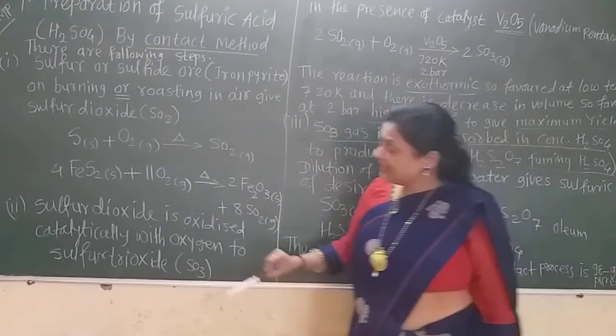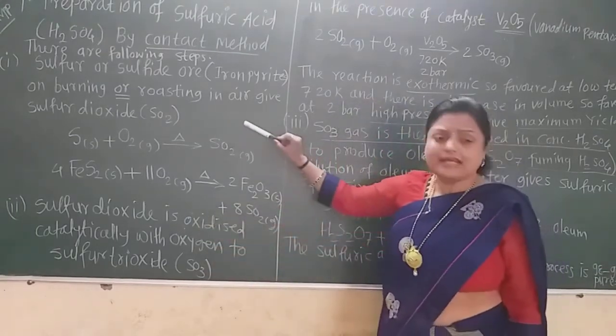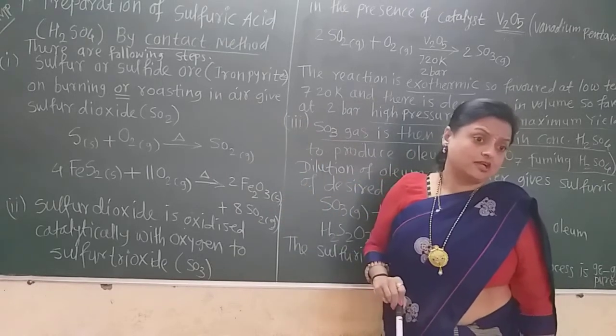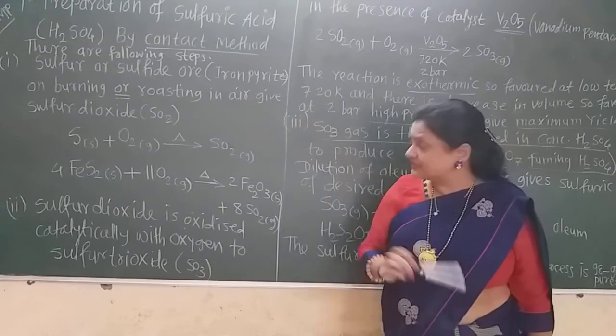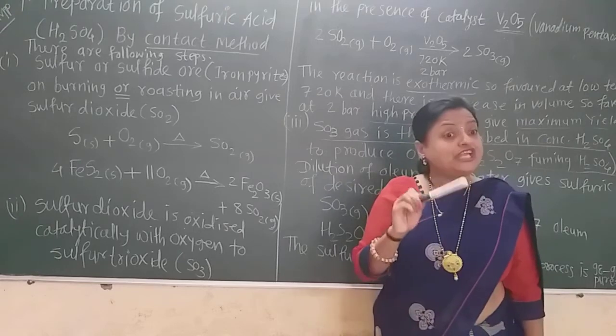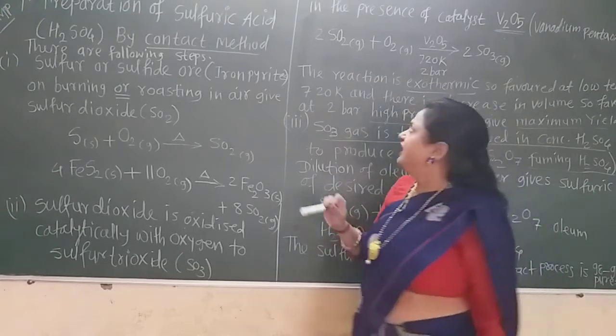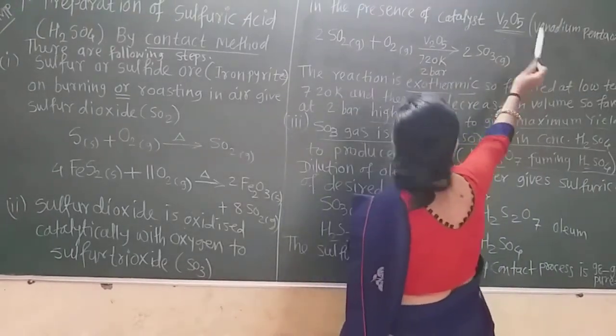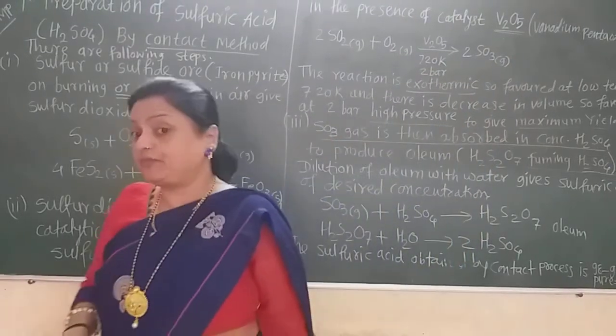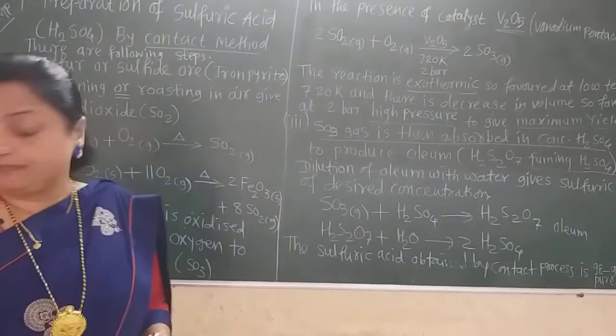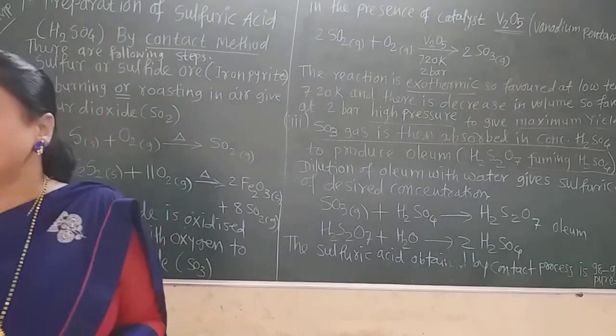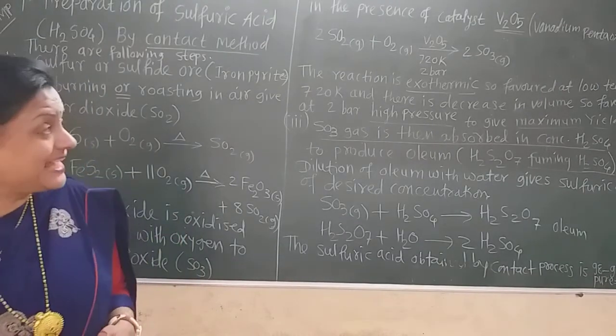Now the second step: the sulfur dioxide gas obtained is converted into sulfur trioxide gas by using a very important catalyst, vanadium pentoxide. This very important catalyst is required for the conversion of SO2 gas into SO3 gas.